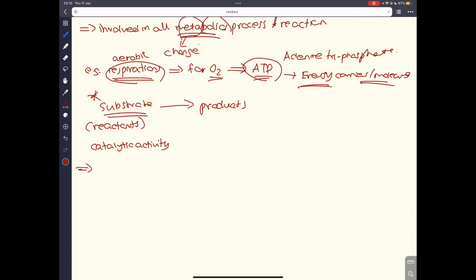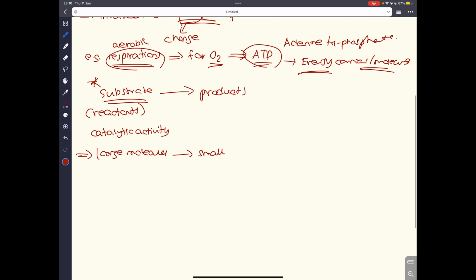Enzymes which actually break down large molecules into smaller ones or other molecules, this is called catabolism. And for enzymes which build up molecules from small to large, small molecules build up a large molecule, this is called anabolism.